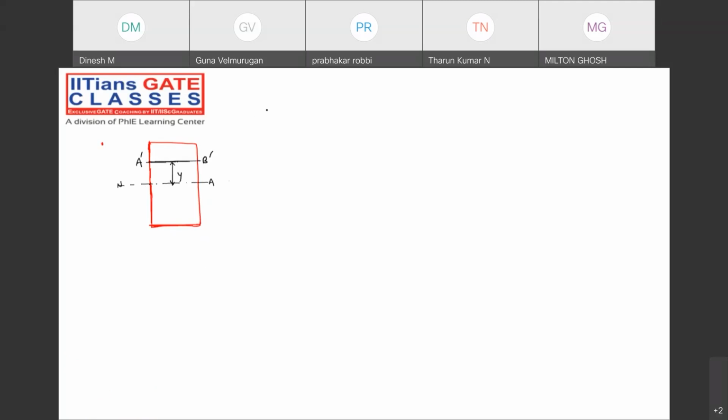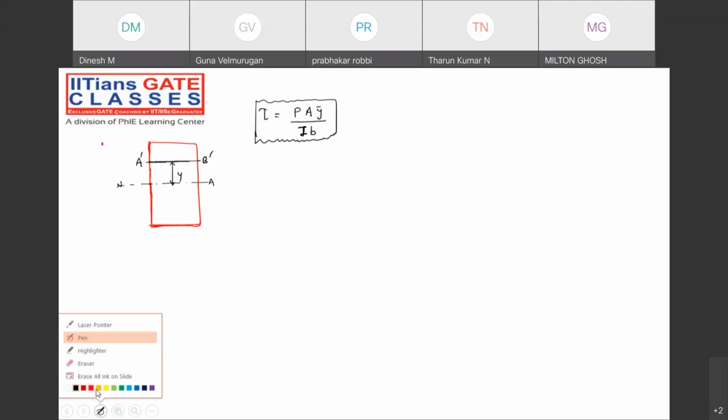So first of all, note down the formula: tau equals P into A y bar divided by I into B. This is the formula I have.